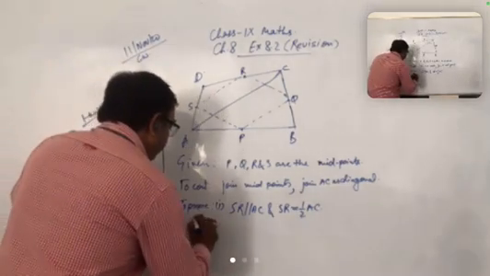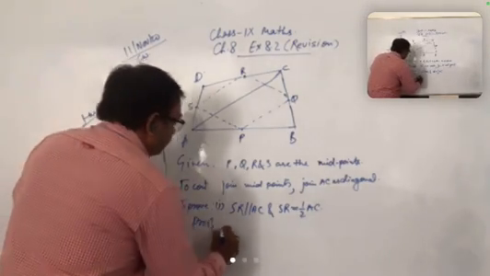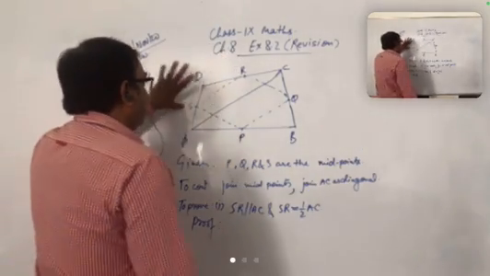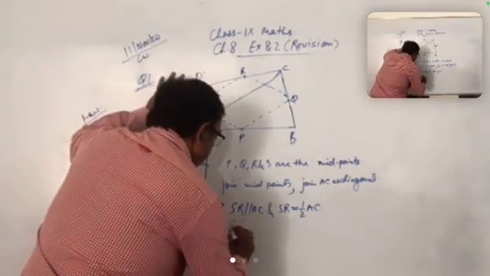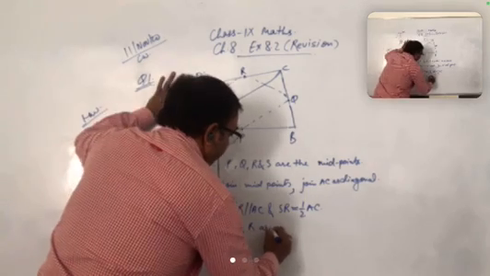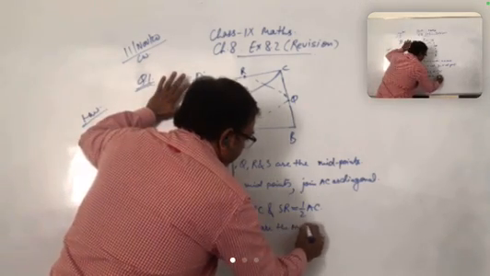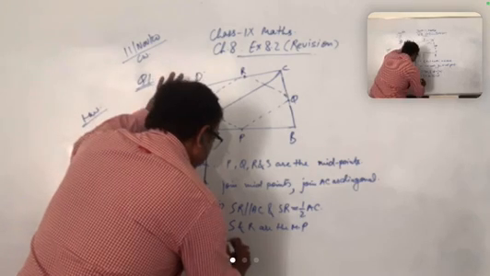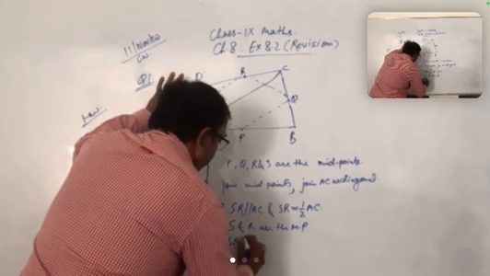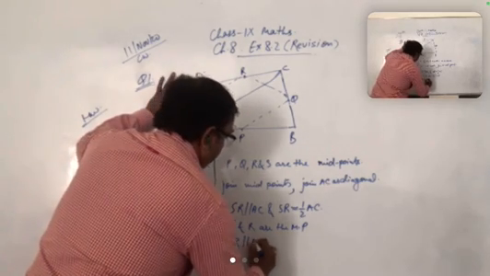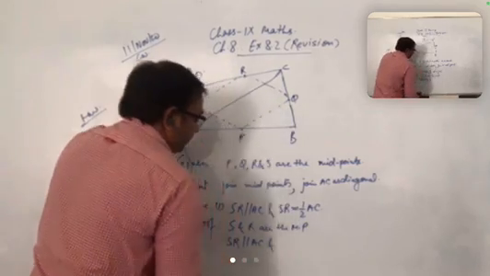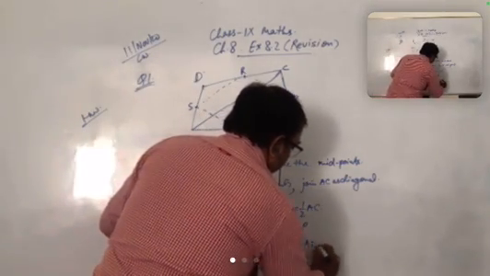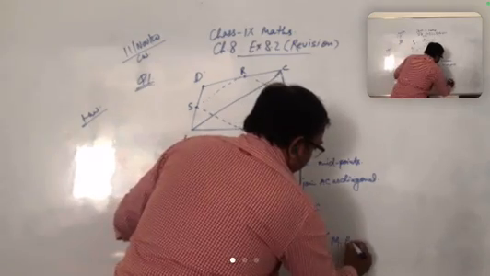So now the proof starts. If S and R are the midpoints, then SR is parallel to AC and SR is equal to half of AC by the midpoint theorem.